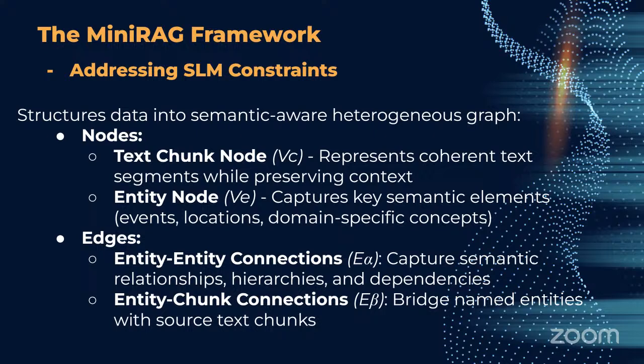One restaurant is better than the other, say. While the entity-chunk connections essentially indicate from what chunks different entities are sourced. So if you have a paragraph that mentions one restaurant, that would link back to that chunk node, and different ones for different named entities.